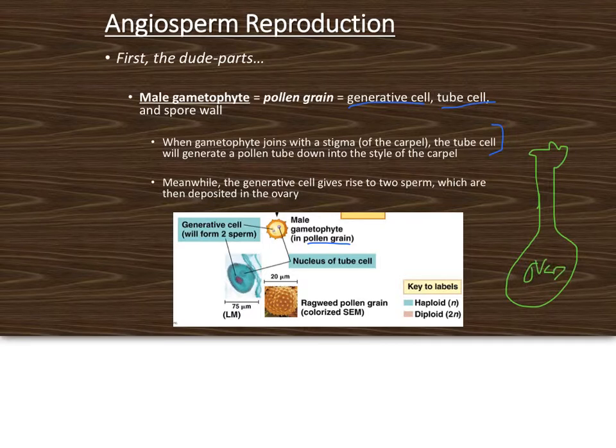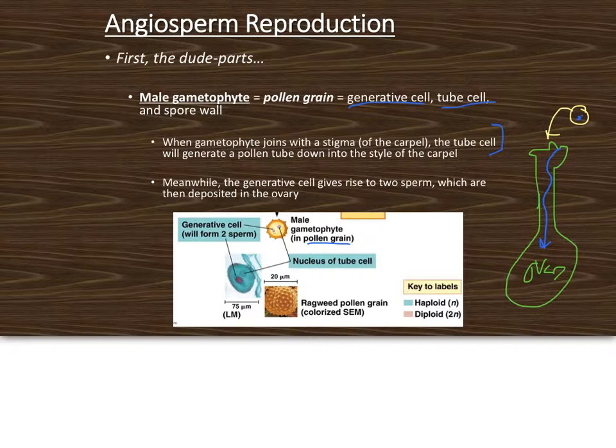And when this pollen grain shows up, boop, like that, then a tube cell inside that pollen grain will start to form a tube down the carpel, so that eventually we can get sperm cells down there to the egg and have fertilization.